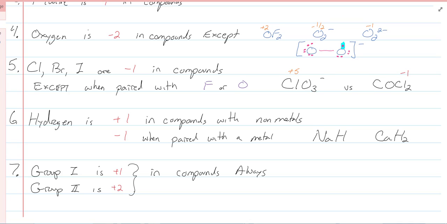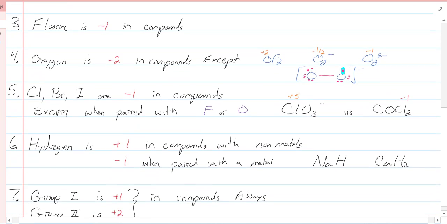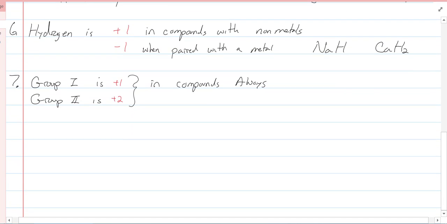Those are our rules. Now, there will be a chance that you do not have fluorine, oxygen, or the rest of the halogens, hydrogen, or group 1 or group 2 metal.